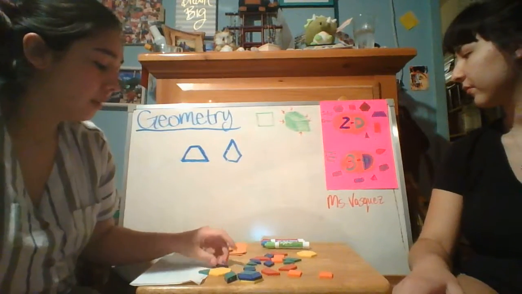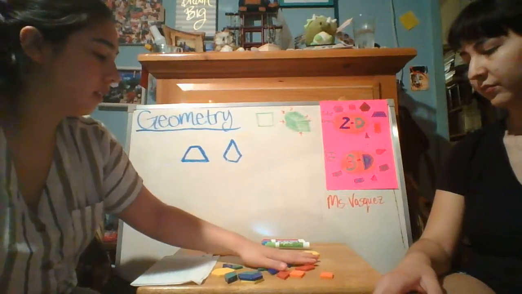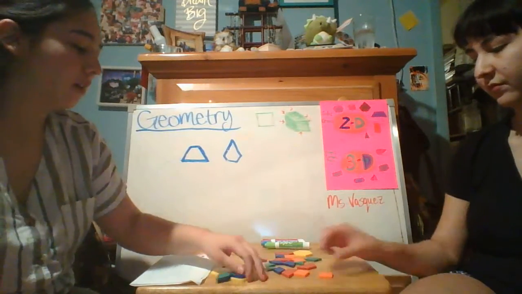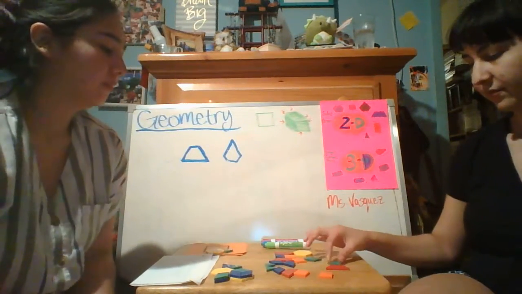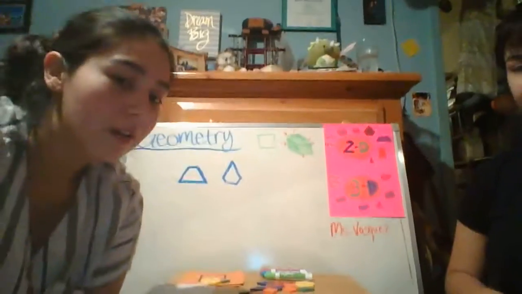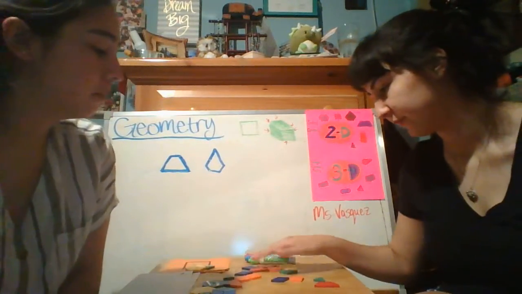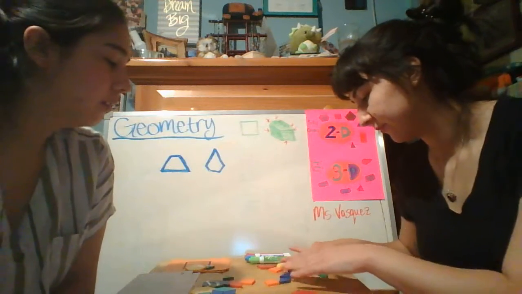Now, Lori, I would like you to create a two-dimensional figure using these telegrams I have here. So, here she made a small little triangle. Do you think you can build upon that small triangle and probably make a larger triangle?